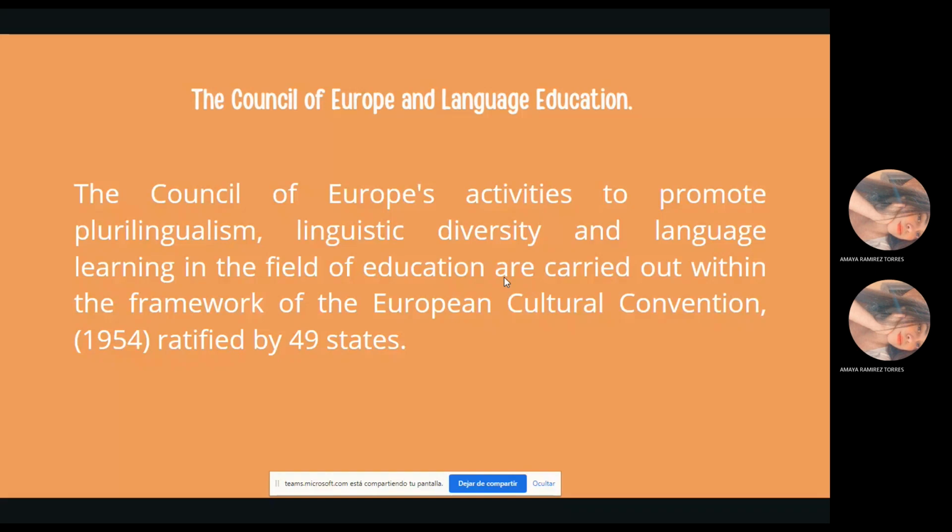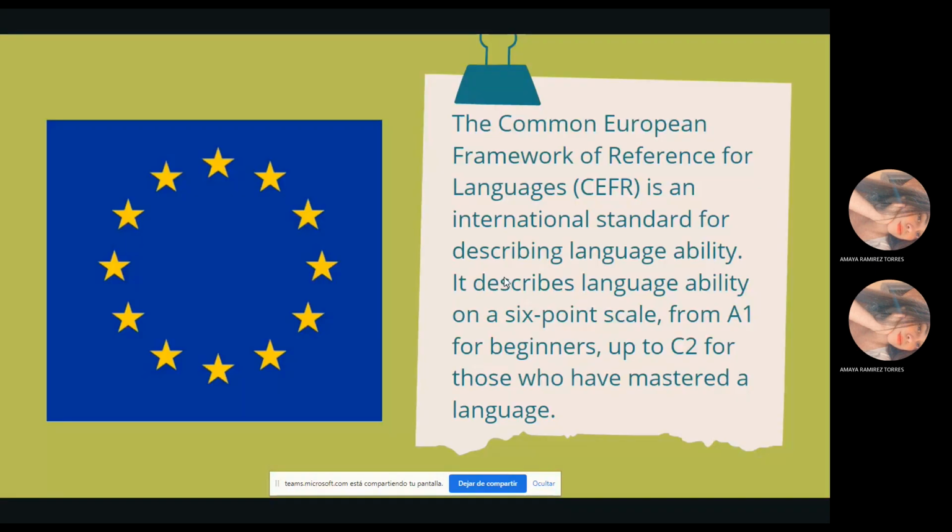So the Common European Framework helps us to organize certain levels of understanding and knowledge, and helps us have a sort of handout to know if we are progressing in a language or if we are not. As we see in the image that is blue and has stars, this is the Common European Framework flag. The Common European Framework of Reference for Languages, which is CEFR, is an international standard for describing language ability.